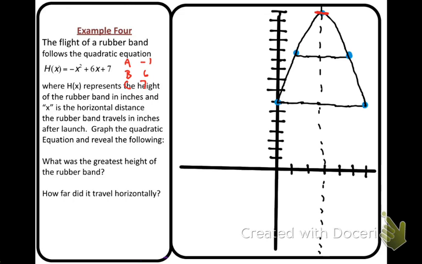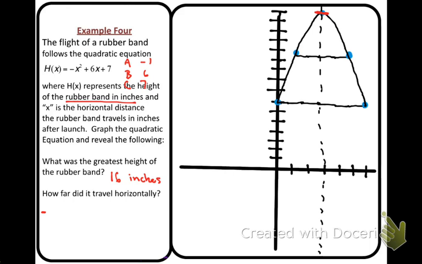Right, that's the highest point, that's our maximum point of this parabola. The highest point that it reached was 16 inches, right? So I believe this represents it. Yeah, so height of the rubber band in inches. So the highest it reached was 16 inches, which, I mean, it's not very accurate.